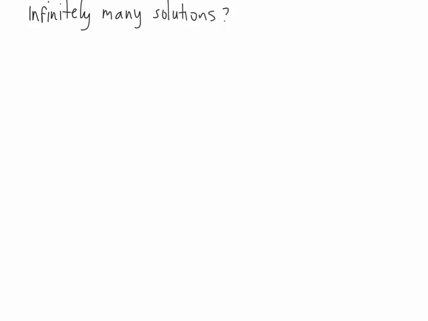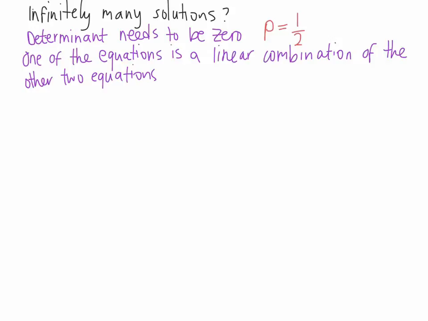What do we need so that we have infinitely many solutions? We want the determinant to be 0, so we have p equal to a half. And we want that one of the equations is a linear combination of the other two equations. And in this case, that happened when q was equal to 9.